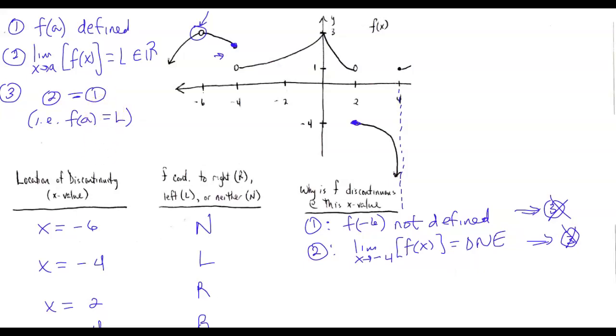Now, at location x equals 2, we see here that the function is defined on the right, but the reason being, again, same as it was for the location at x equals -4, the limit doesn't exist at that particular x value.